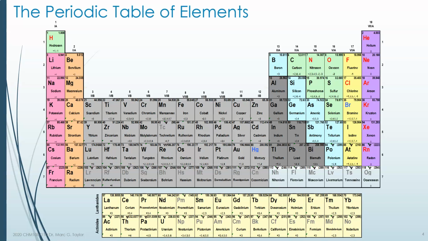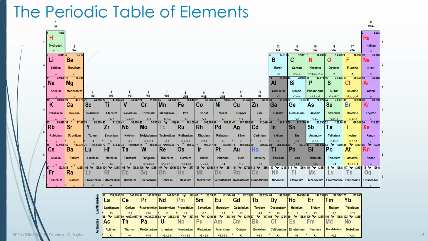So if we go in order, you'll notice that lithium, and then 8 atoms later, you get to sodium. Well, sodium has similar properties to lithium. And magnesium, Mg, has similar properties to beryllium. In other words, the properties repeat periodically, hence the name periodic table.